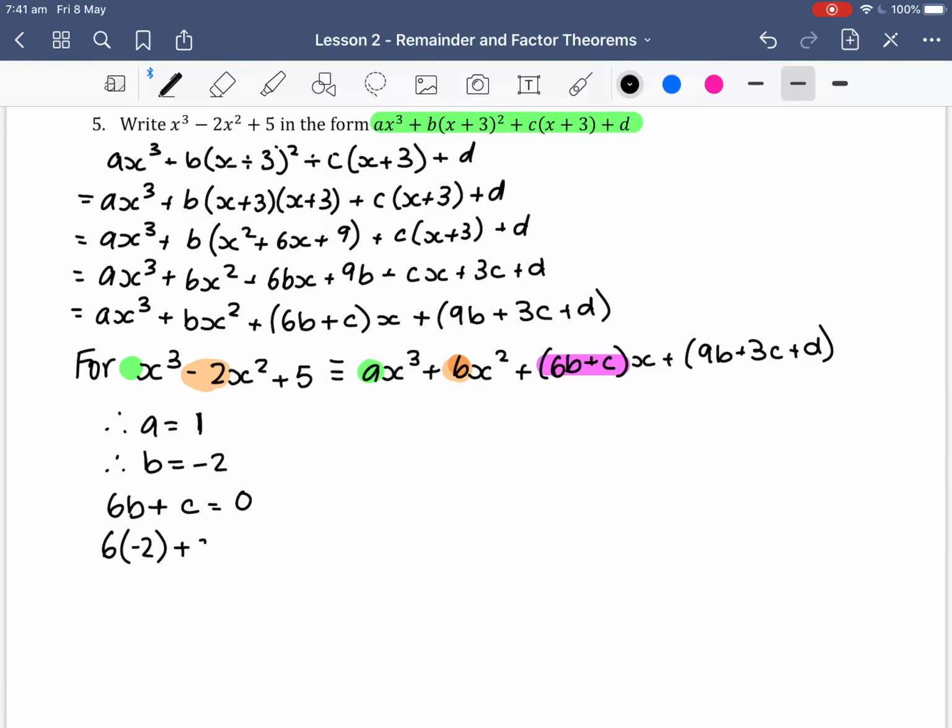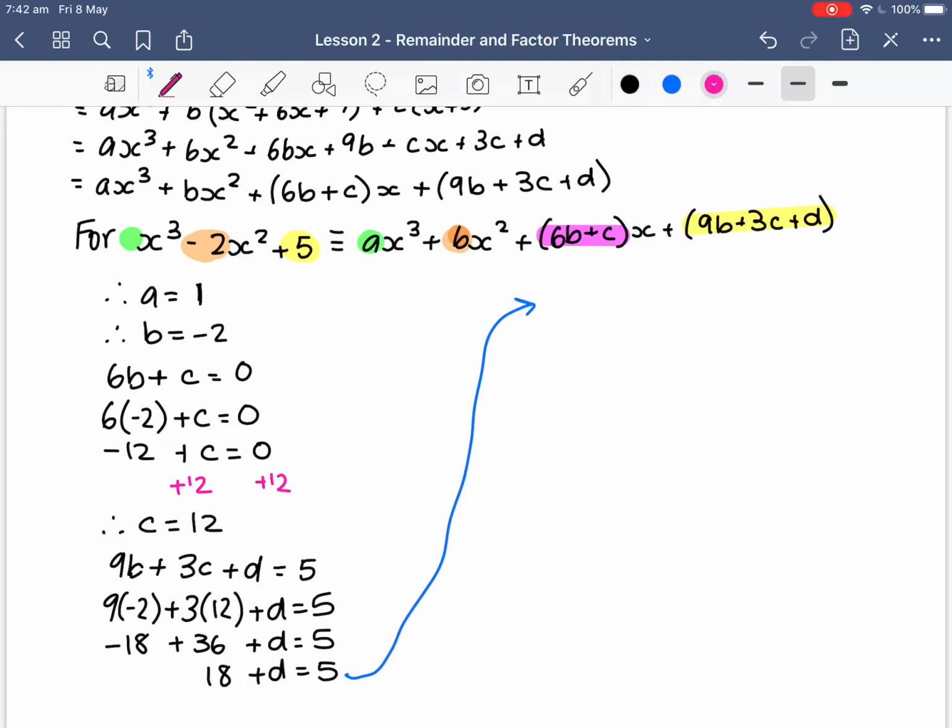So 9 times minus 2 plus 3 times 12 plus d. And now we're trying to solve for d. So we have minus 18 plus 36 plus d equals 5. So negative 18 plus 36 is just 18. So 18 plus d equals 5.